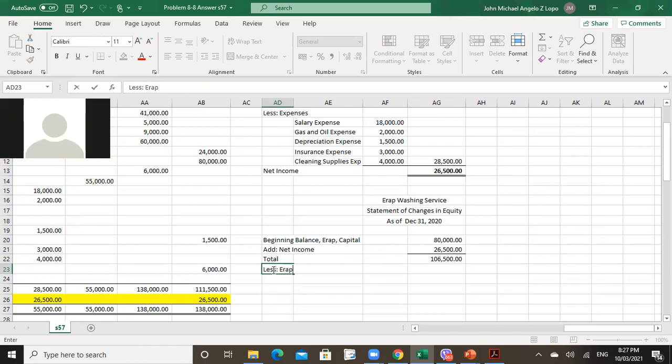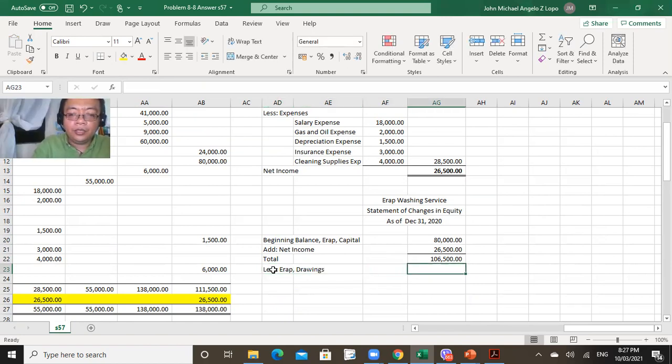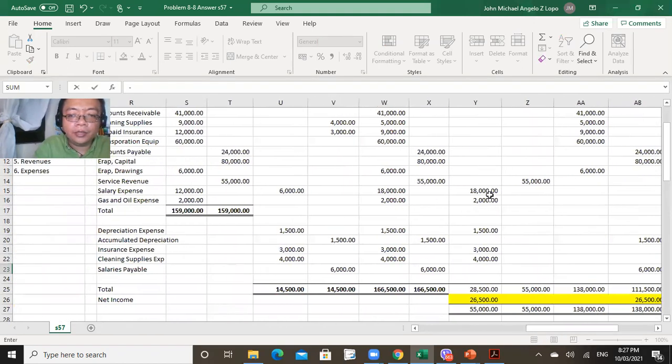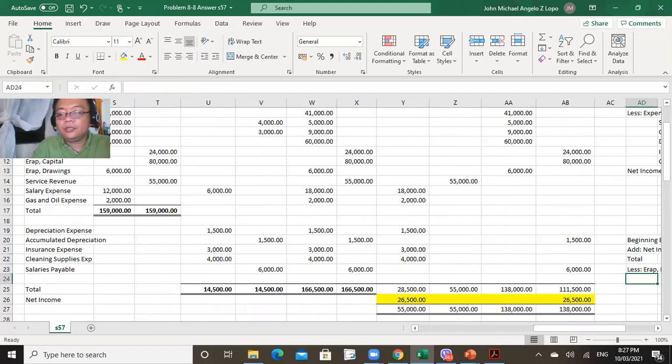ERAP drawings. All right. ERAP drawings, how much? I think this is ERAP drawing, right? 6,000.